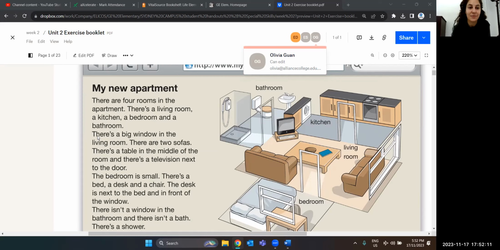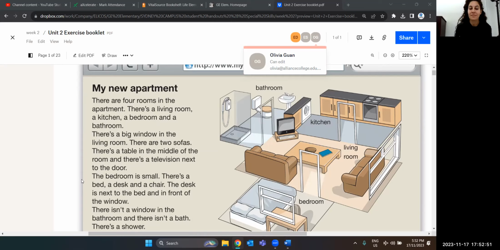There are 4 rooms in the apartment. Oscar? A kitchen. Hey, Tyler. There are 2 sofas. Yep. There's a table in the middle of the room, and there's a television next to the door.